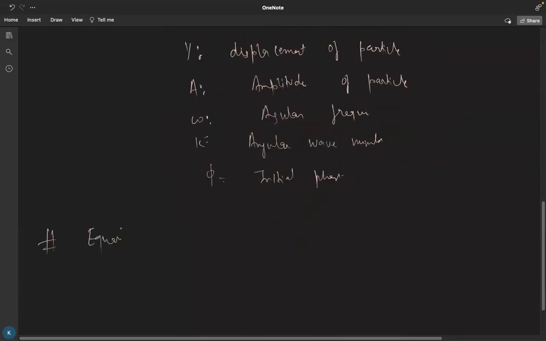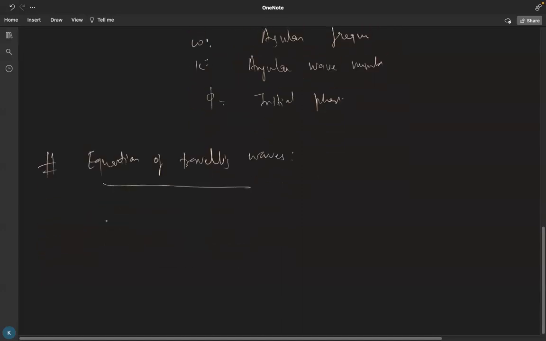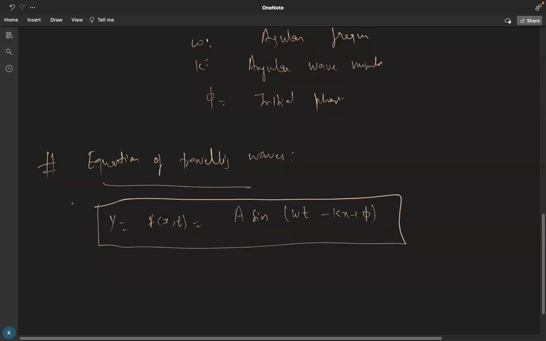So the equation of the traveling wave, look here. We have the equation y, which is a function of x and t, equal to a sine(omega t minus kx plus phi). So this is our traveling wave equation.